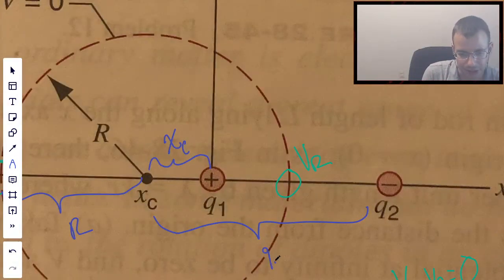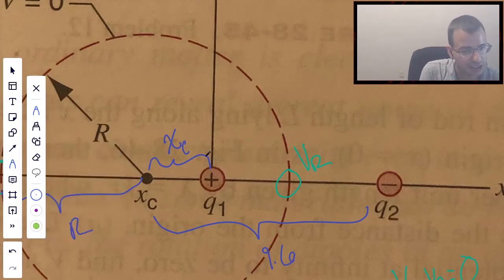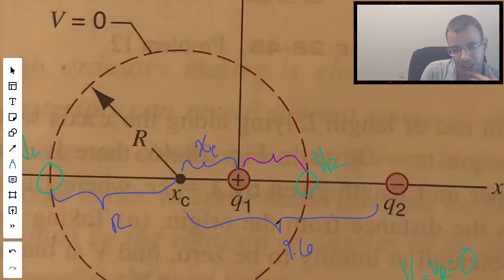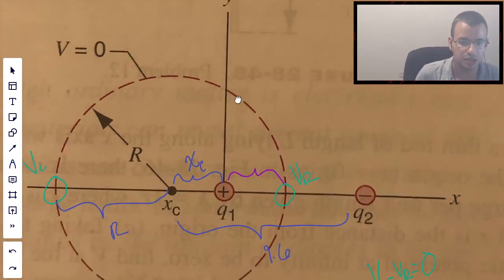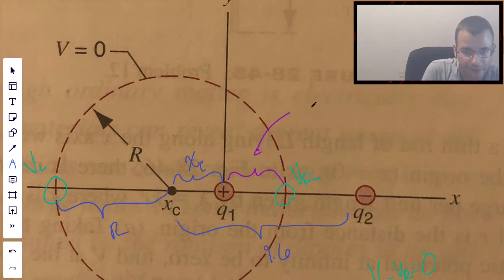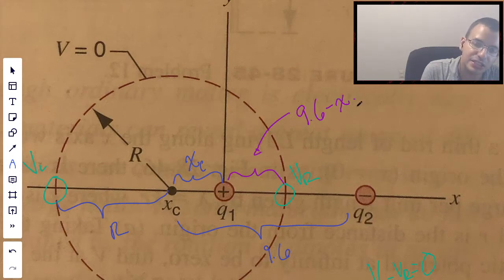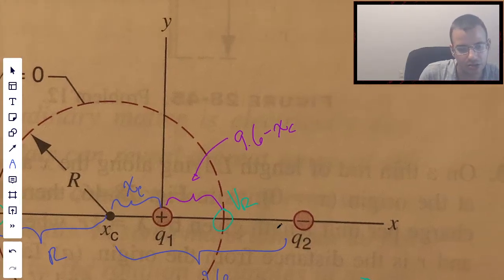We know it's nanometers, but we'll deal with that later. And just for completeness, this distance right there is going to be 9.6 minus xc minus r.